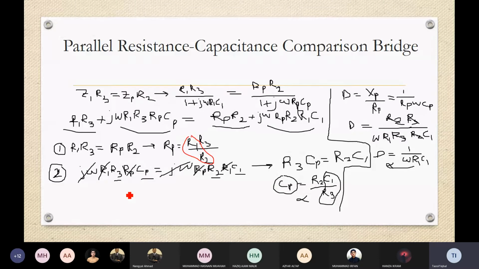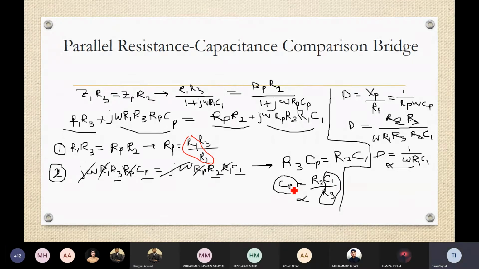Finally we get the remaining terms: R3 Cp equal to R2 C1. Therefore, Cp is equal to R2 C1 divided by R3. C1 and R3 are fixed, single values, not variable components.